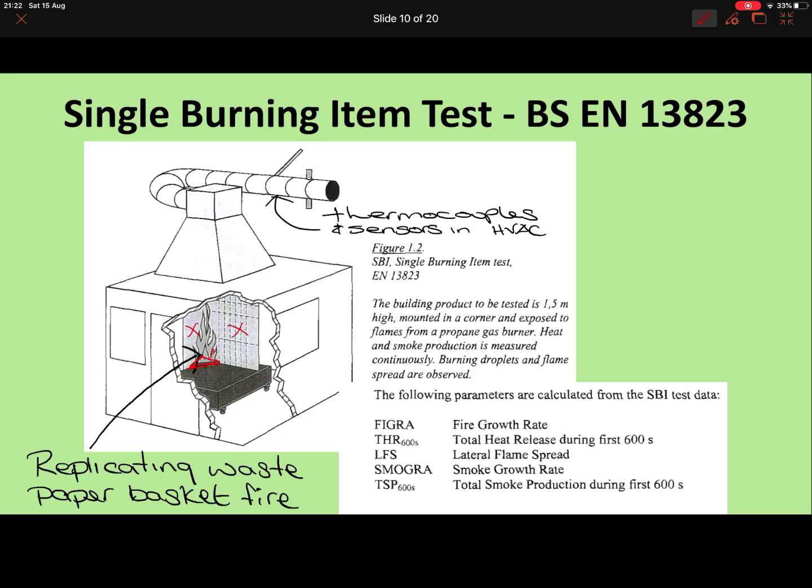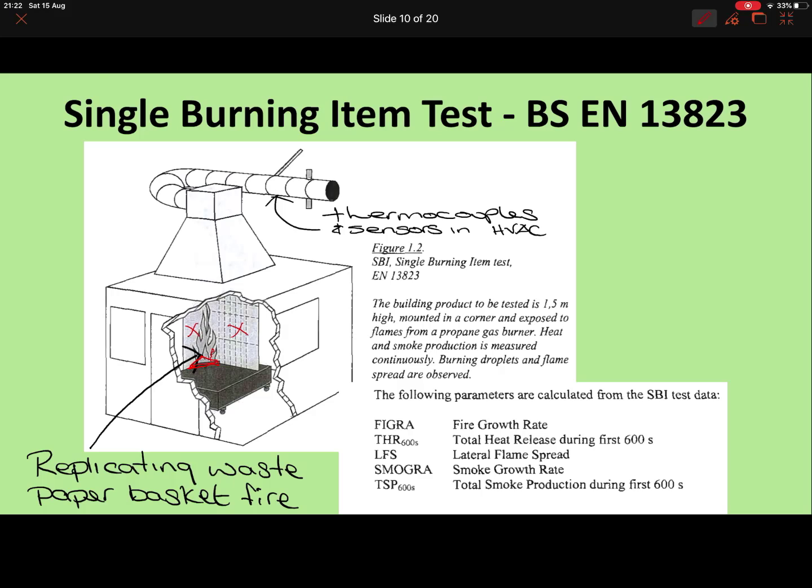There are many criteria that are monitored in this test, I should say, rather than tested. The fire growth rate is one of them, and that's calculated in watts per second.